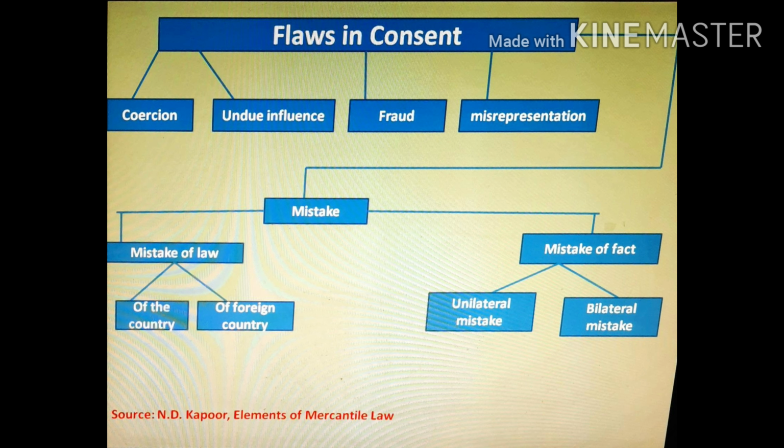Mistakes can be bifurcated into mistake of law and mistake of fact. Mistake of law is again ramified into mistake of the domestic laws, that is of the country, and mistake of the law pertaining to foreign country.